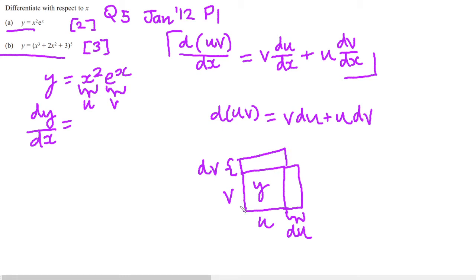If you increase the side lengths by that amount, you will also get an increase in the area of the rectangle, where this is u, this is du, this is dv, and this is v. Basically, the sum of these three areas is dy, because dy is the change in the area after an infinitesimal change in du and dv.